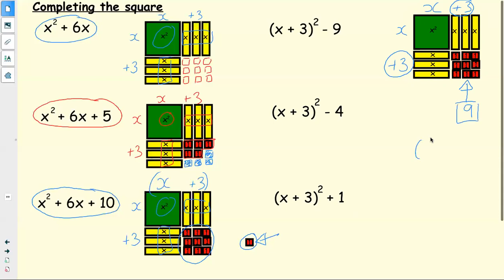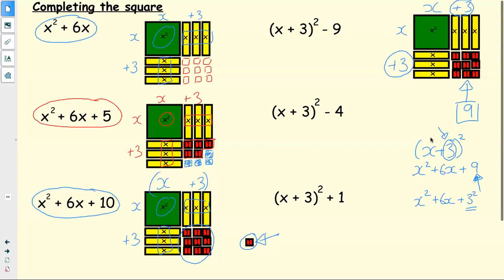So in the bracket x add 3 all squared, that multiplies out to give you x squared add 6x add 9. Now this number at the end will always be whatever number is in here squared. So it's the same as x squared add 6x add 3 squared.